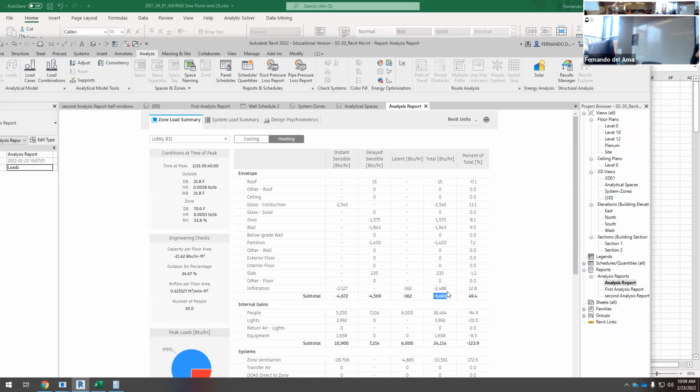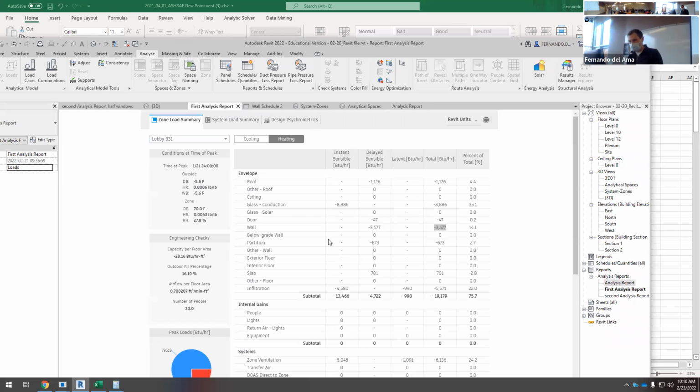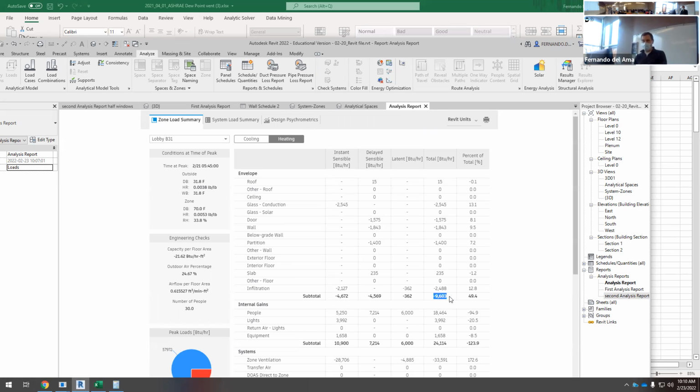Okay, so what we are doing is improving the model. At the beginning, with the first analysis report, it was 19. The second analysis report, the heating, it was 16. Okay, and now with my new analysis report is 9,000.